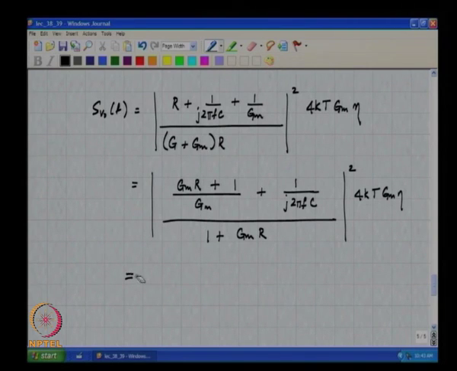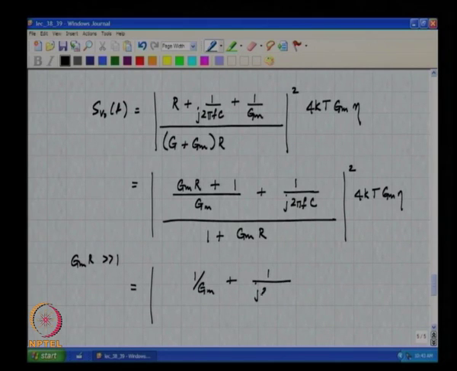which is approximately equal to, if you choose GmR to be much greater than 1, which one would do anyway to make sure that the unity gain frequency of the integrator is close to 1 over RC, this spectral density will reduce to 1 over Gm plus 1 over J 2 pi f c divided by, if GmR is much larger than 1, you can neglect the 1 in relation to the GmR.